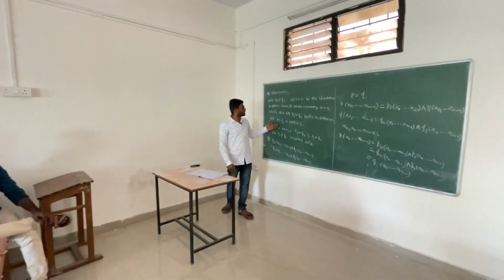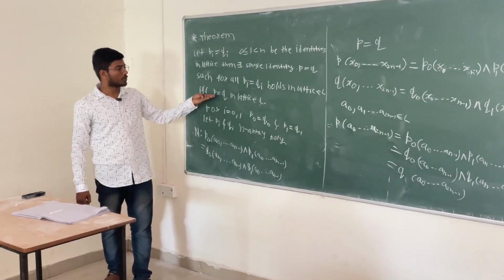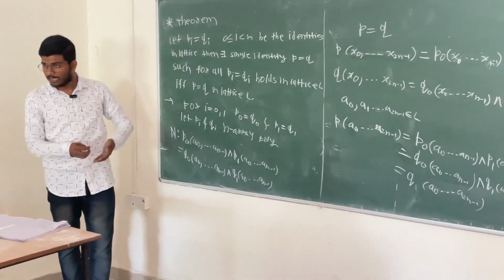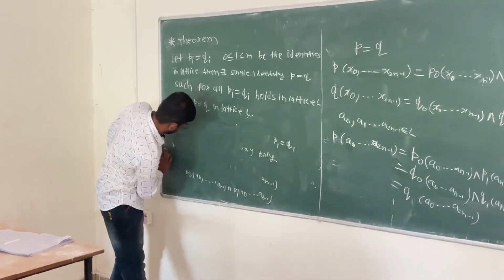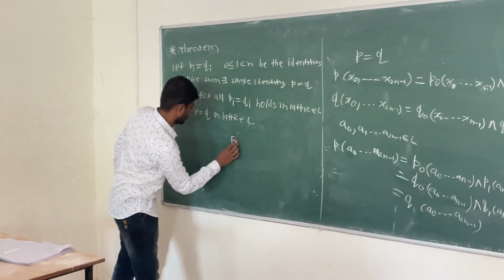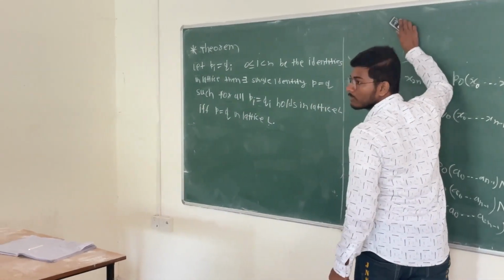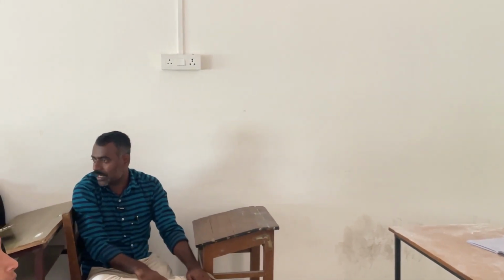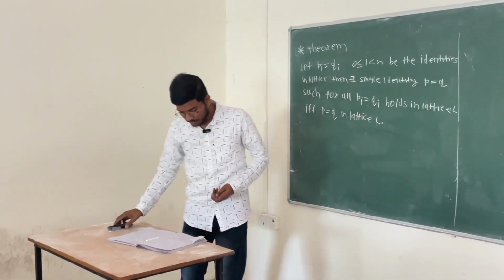So now we will make use of the fact that there is a single identity P is equal to Q in lattice L, and we will prove pi equal to qi. So even though we proved it for p0 is equal to q0, you can prove it for any finitely many n also, right? For proving that convex part, we have to take some assumptions.